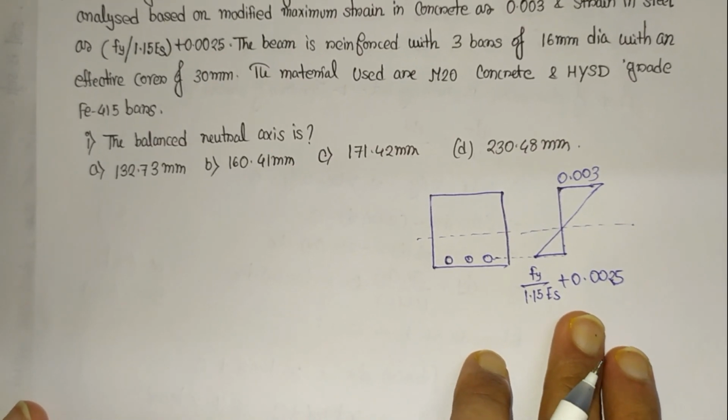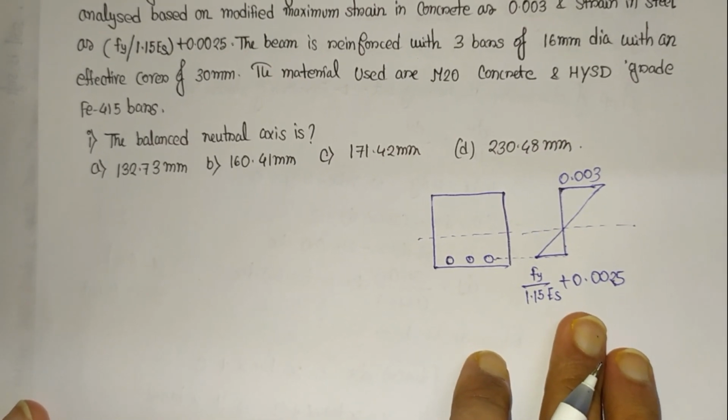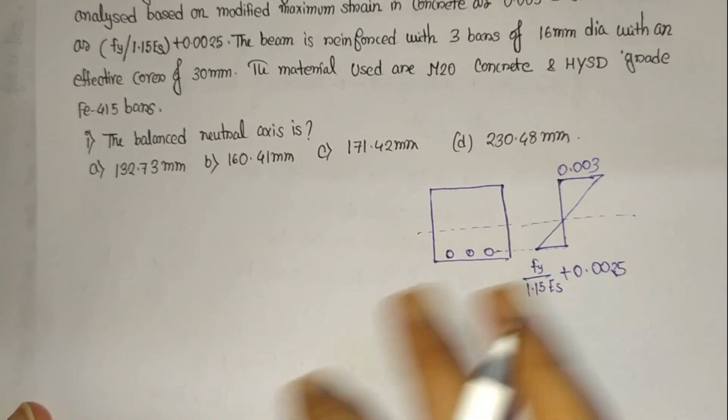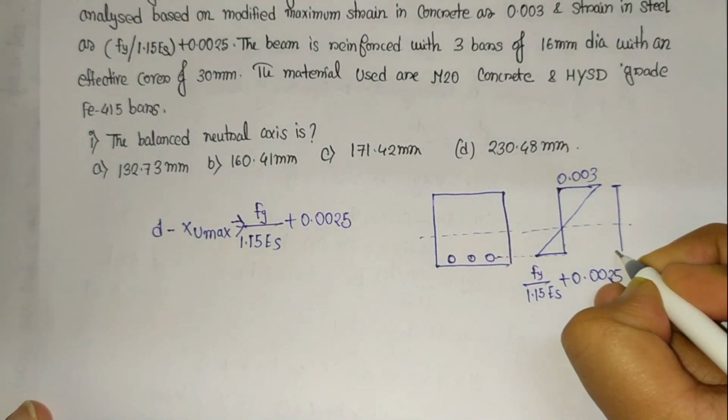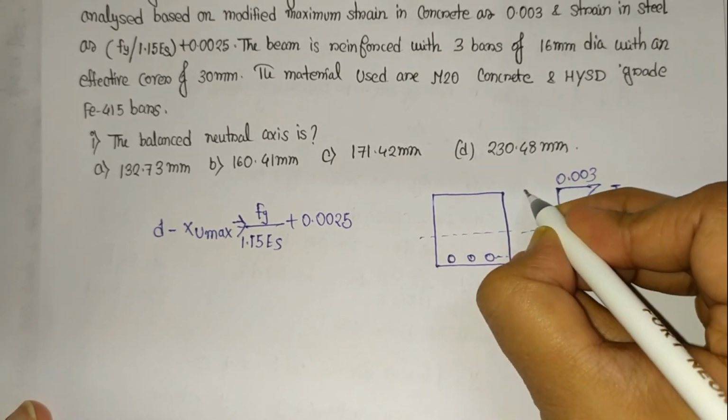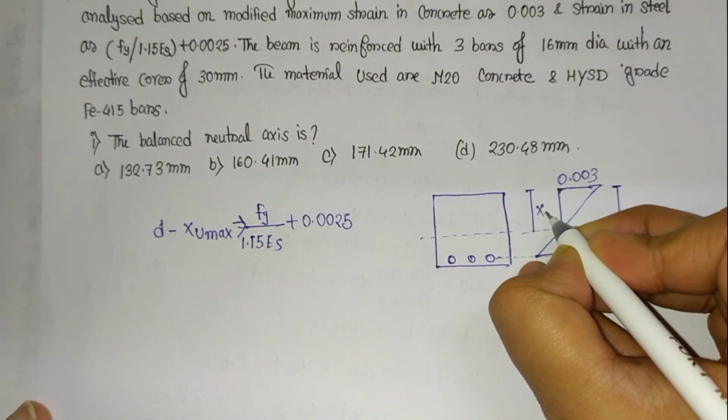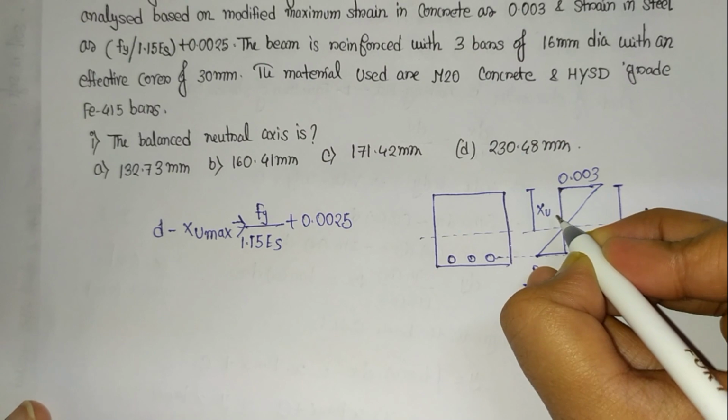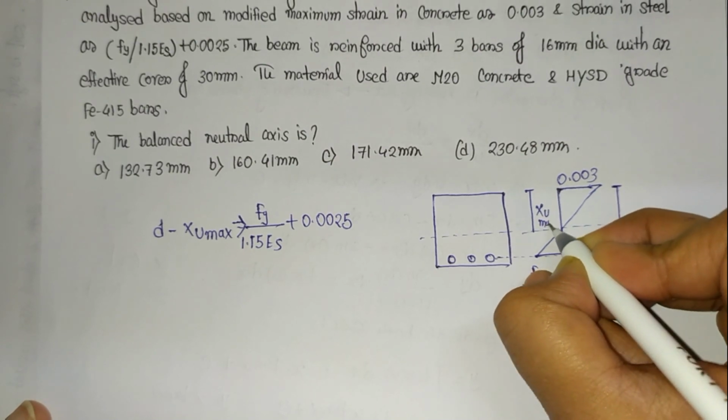Now what we have to find is the balanced neutral axis. This depth is small d, and this depth is xu, this depth is xu max.